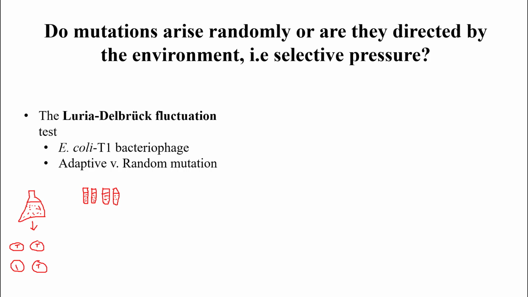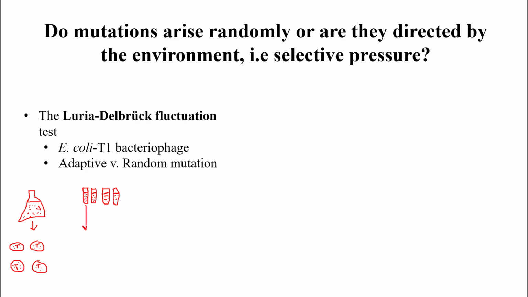And so essentially you're creating a medium where the only way E. coli can grow is if it has acquired a resistance factor. And the initial E. coli that they put in here were not resistant to T1 bacteriophage. They incubated these and allowed them to grow, and they would get a few colonies that would grow, meaning those few colonies were the ones that had acquired a mutation with a resistance factor.